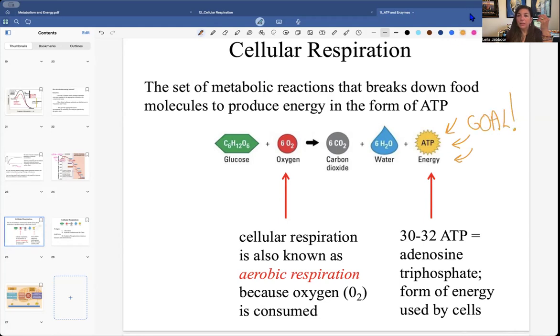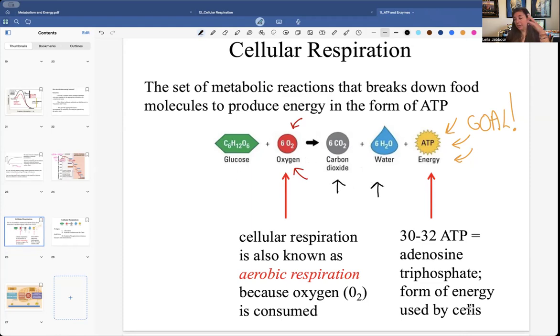Now, glucose requires oxygen. This is a must requirement. So glucose uses oxygen, and the breakdown of these two and recombination will produce carbon dioxide and water molecules.